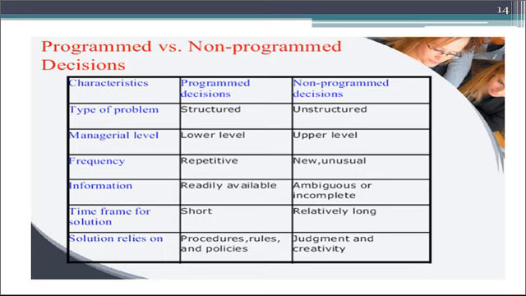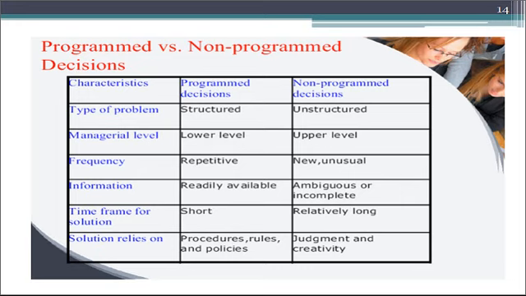The time frame for the solution of a programmed decision is short, whereas the time frame required for a non-programmed decision is relatively long because data collection is required. Then analysis of the data is required, and based on that analysis, top management will take the decision, then it will pass on to the managerial level and then to the lower level.